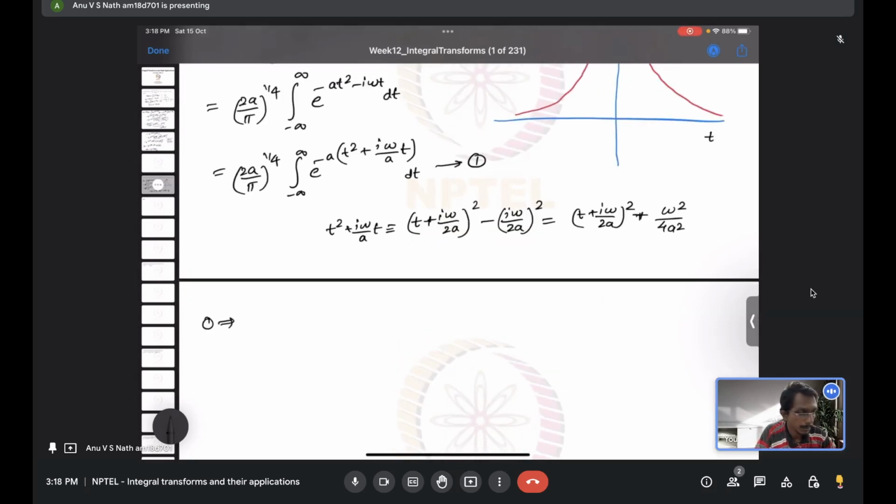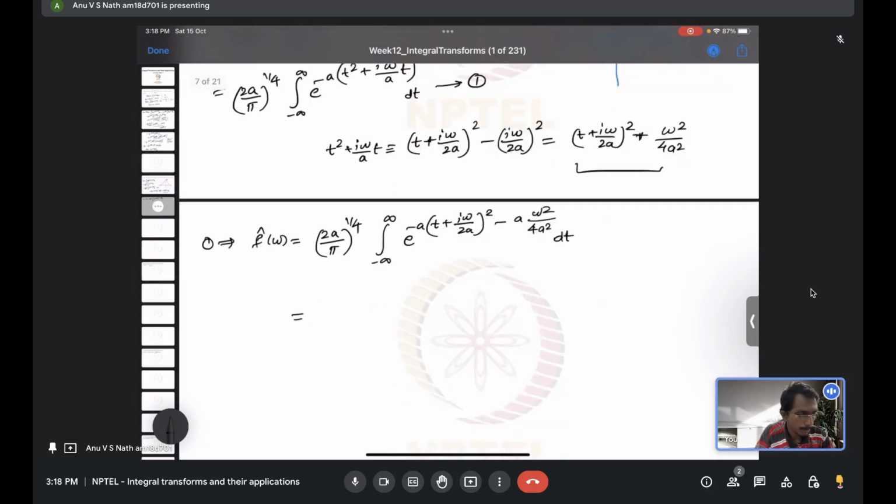We get f cap of omega as 2a by pi the whole raised to 1 by 4, integral from minus infinity to plus infinity of e raised to minus a times t plus i omega by 2a the whole square, again minus a omega square by 4a square, then dt.